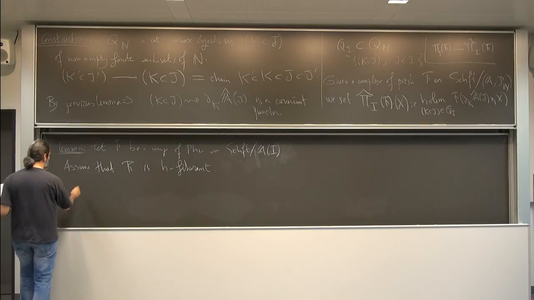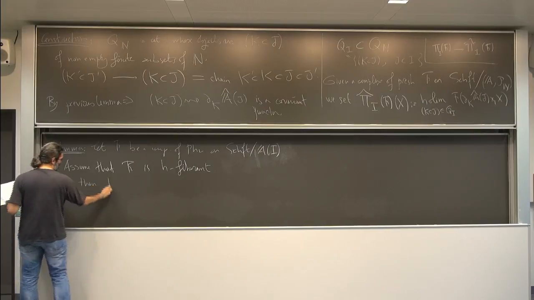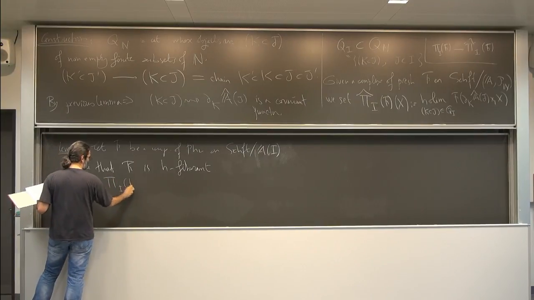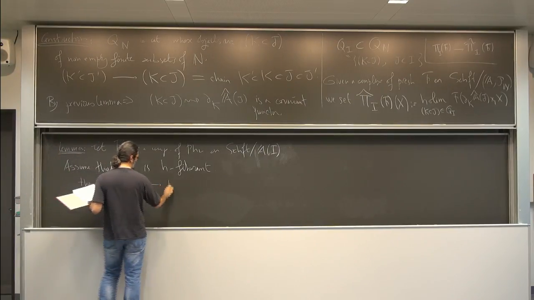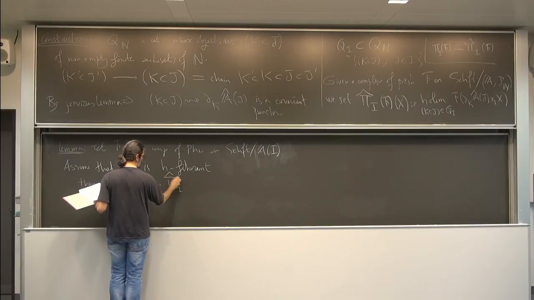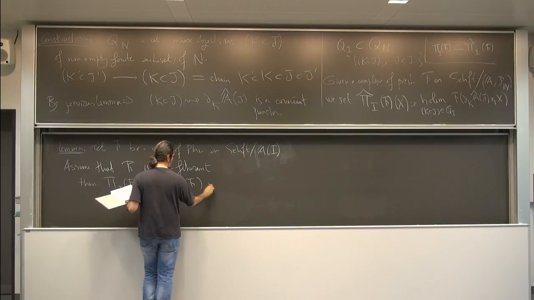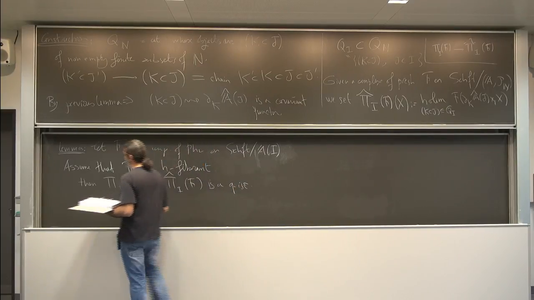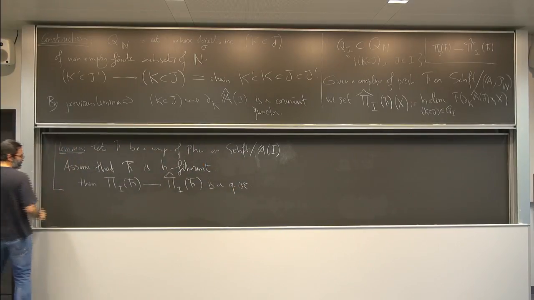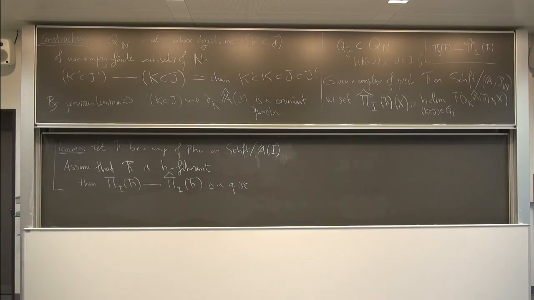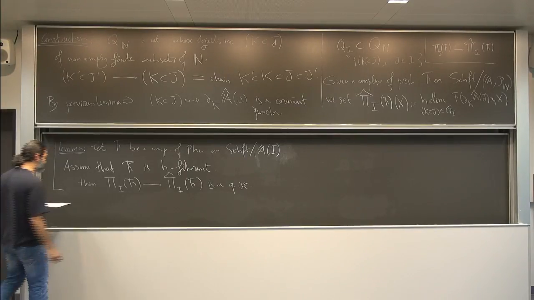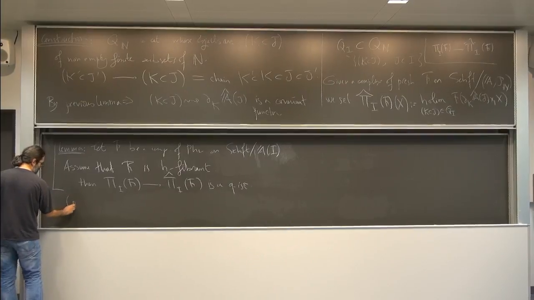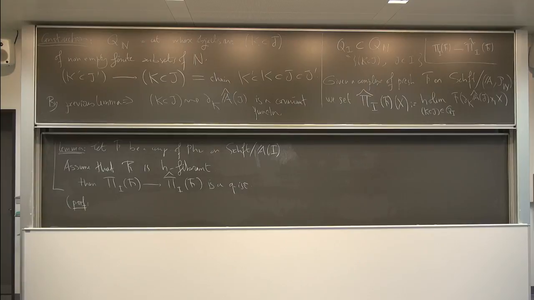Then the natural map is a quasi-isomorphism. Okay, I will not prove this. It's a bit, I think, combinatorially involved.